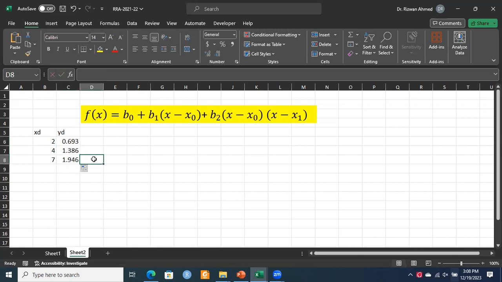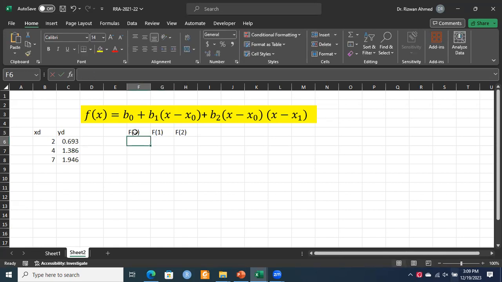Okay. And according to Newton's formulation, these y values are f of x naught values. And here, let me generate the zero order divided difference. Here I will generate the first order divided difference and the second order divided difference.